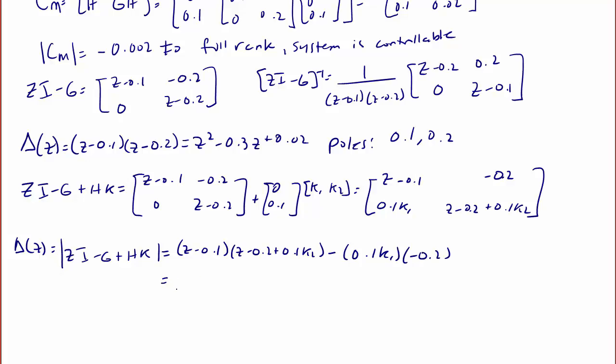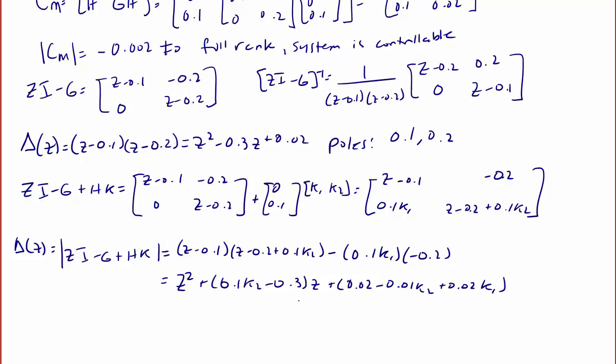So when we simplify that expression, it simplifies to z squared plus (0.1 K2 minus 0.3) z plus the quantity (0.02 minus 0.01 K2 plus 0.02 K1).